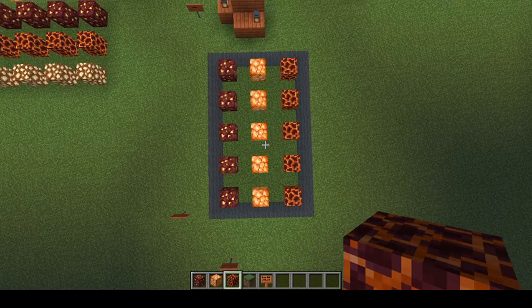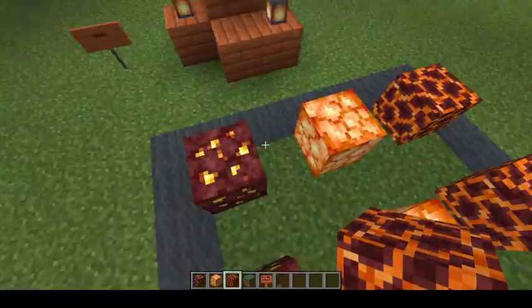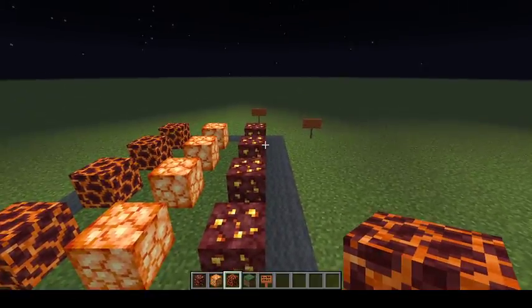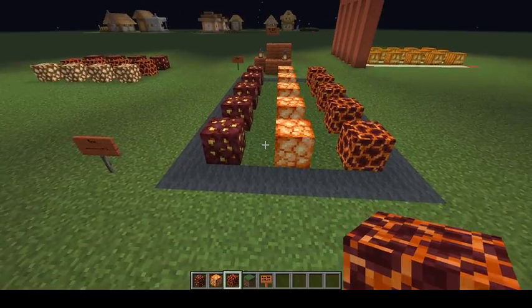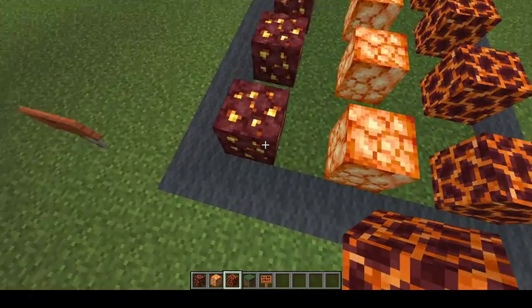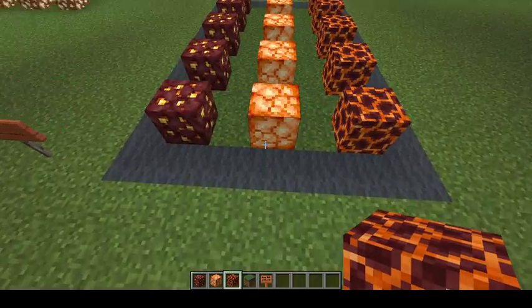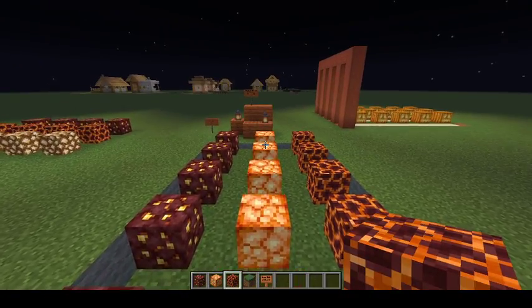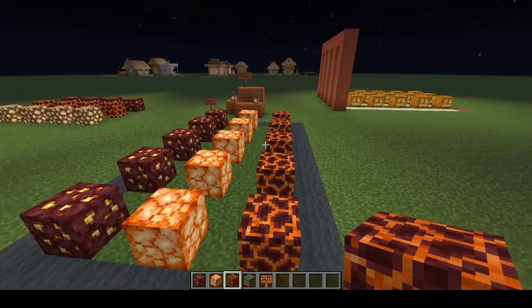We needed 15, okay? So if we have 5 rows, how many columns do we have? We have 1 column, 2 columns, and 3 columns.